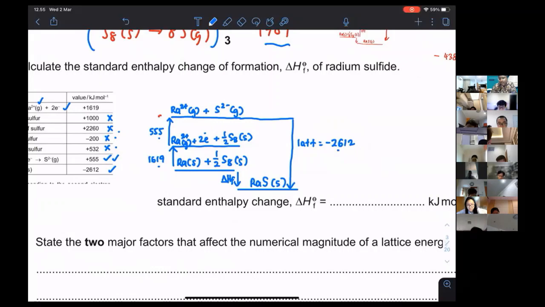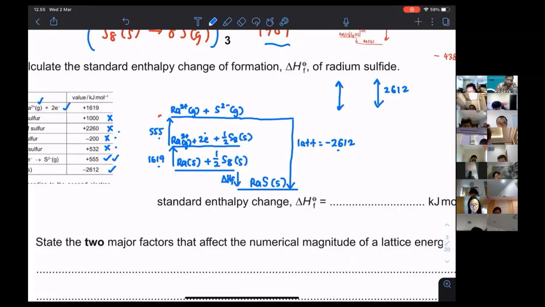One is actually going up, but the number must be the same, left and right. This and this must be the same, then only it makes sense. So if I count, this is going to be 2612, which is negative. It's okay, just take the value first, 2612.